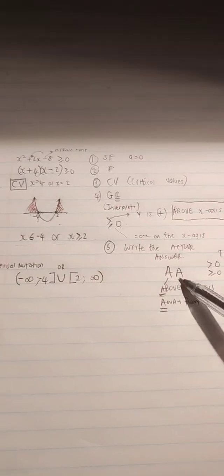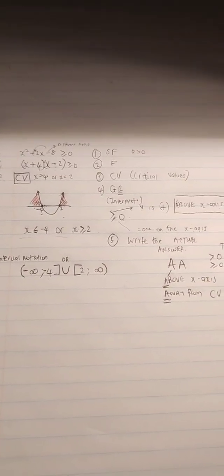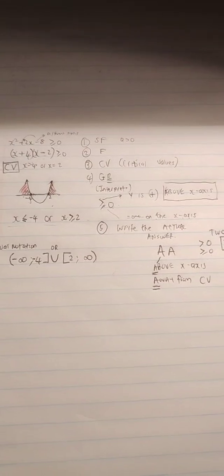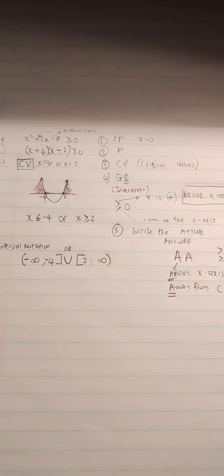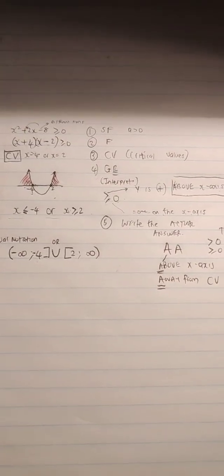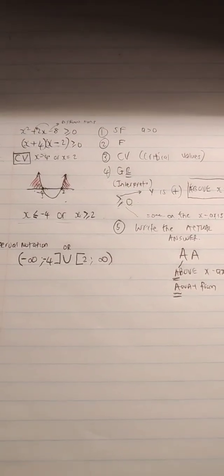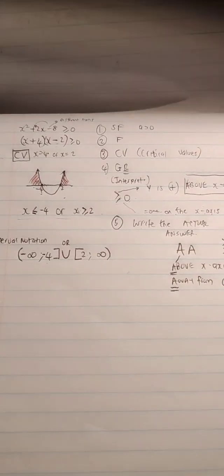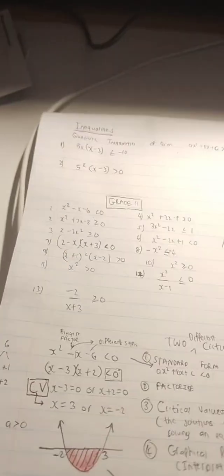So this is an AA situation. The one that we did before was a below and between situation, the BB situation. This is when you have a quadratic inequality and you have 2 different critical values. You can either have another AA situation or a BB situation. No, we'll do another one, don't worry.